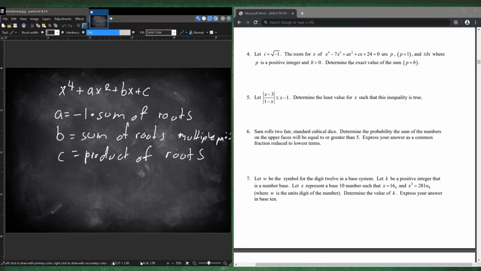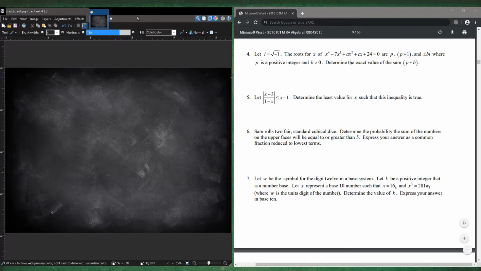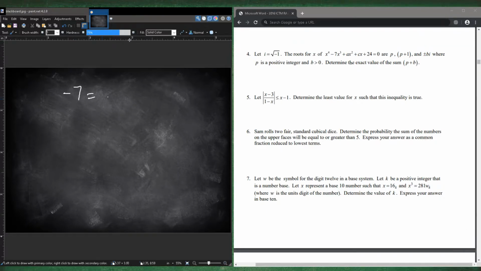So it's kind of weird, but this usually follows for every single polynomial. That means -7 is equal to the sum of all the roots times -1. So our sum is equal to 7. So 7 is equal to p plus p plus 1 plus bi plus -bi.